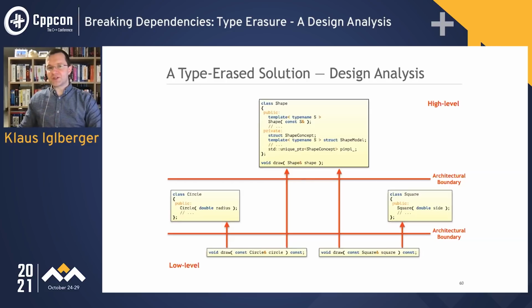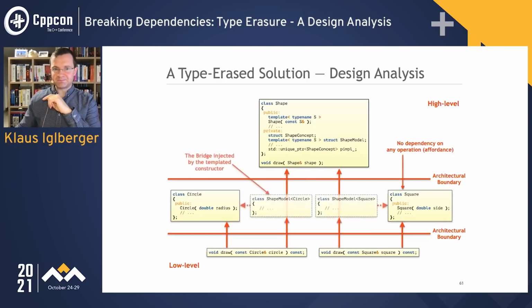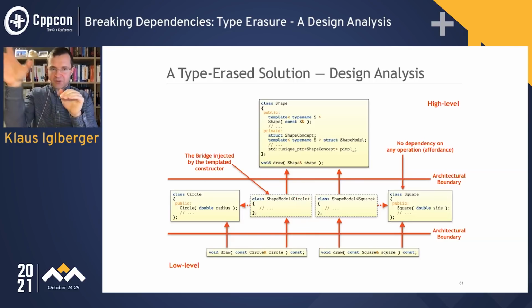And that, of course, happens by means of this template. Shape model. The shape model is instantiated for every particular kind of shape. So I have a shape model for square, I have a shape model for circle. That is the code that the compiler generates for us. That now builds the glue between the abstraction and the concrete implementation.